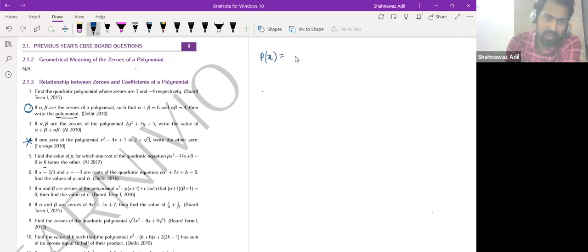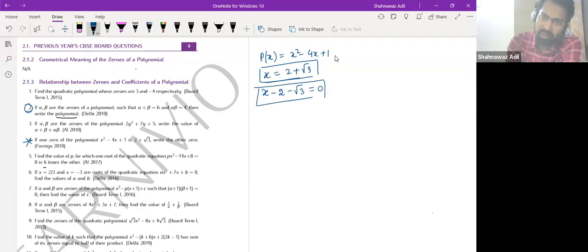P(x) is x square minus 4x plus 1. And we have got x equal to 2 plus root 3 as one of the zeros, which means that there would be a factor which is x minus 2 minus root 3. So this is the factor of this equation.